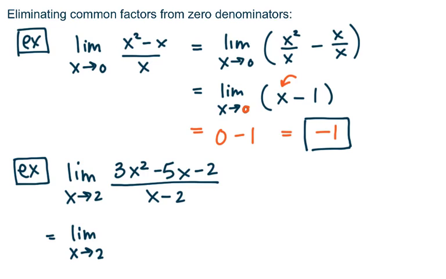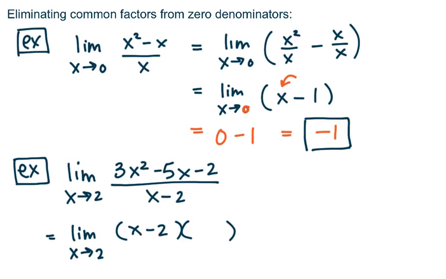Now, I would look at this when I'm trying to factor my numerator and say, well, there's probably an x minus 2 in there. The reason I'm thinking that is because I have x minus 2 in my original denominator. But that's not always the case. So don't let some of these problems trick you. What we're trying to do is figure out how to factor this so that something will cancel. So I'm hoping that the x minus 2 is in there.